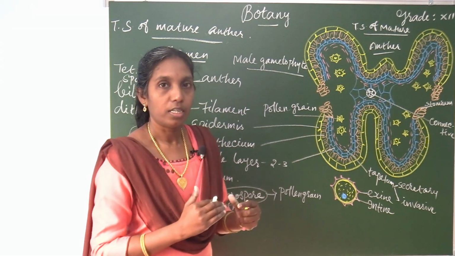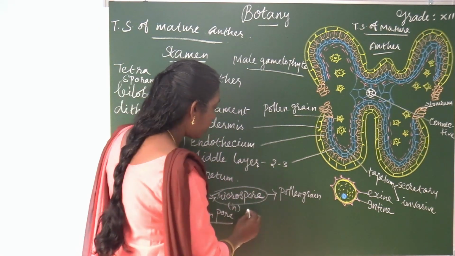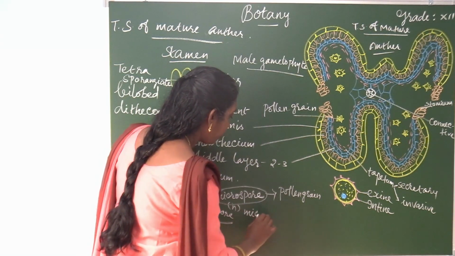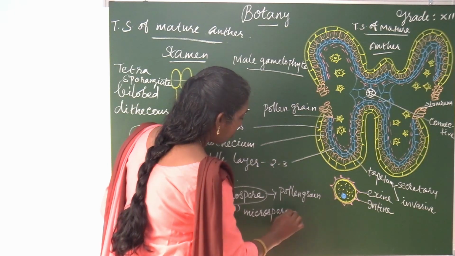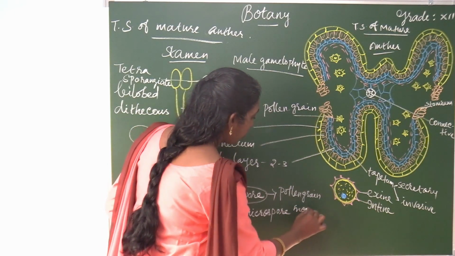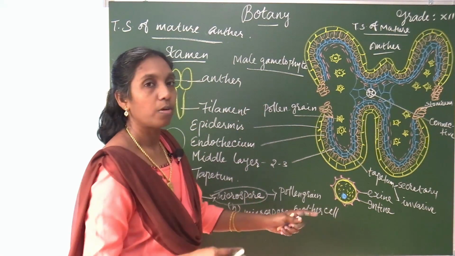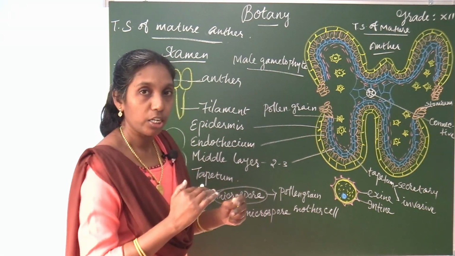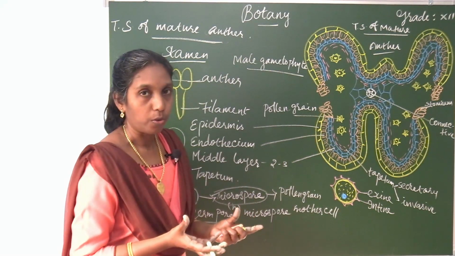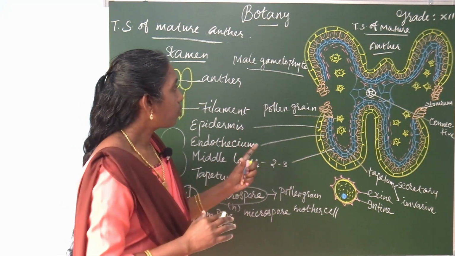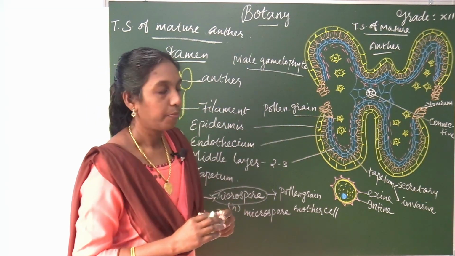You already learned that microspore is derived from the microspore mother cell. This microspore mother cell undergoes meiotic division and produces microspore. Now this microspore is the first cell of the male gametophyte.